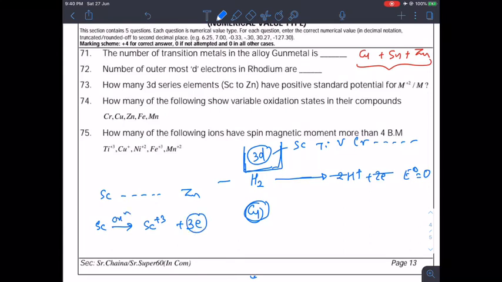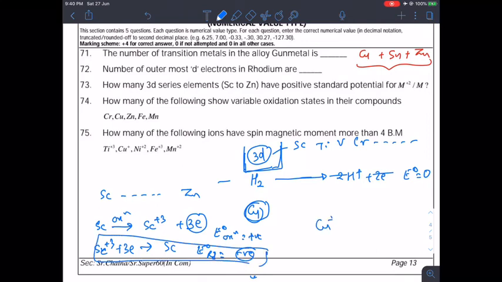Oxidation tendency dominating means E naught oxidation will be positive, and the reverse of that, the tendency of reduction by accepting 3 electrons forming scandium, that means E naught reduction, is negative. So for most of them it is negative except for copper. Cu2+ accepting 2 electrons forming copper, only in this case do we have a positive tendency.